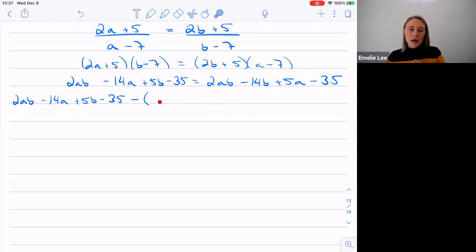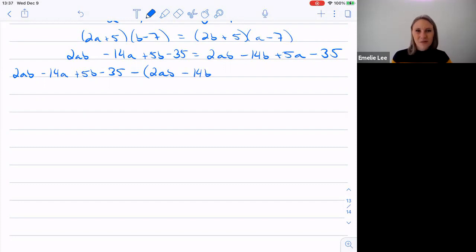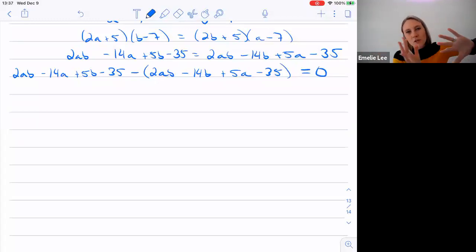That's being really, really cautious, but I don't want to mess this up and have to redo it, right? You have to put in some time so you don't have to waste time redoing it. Minus 14b plus 5a minus 35, and then that's going to be equal to 0 because I've shifted everything over.